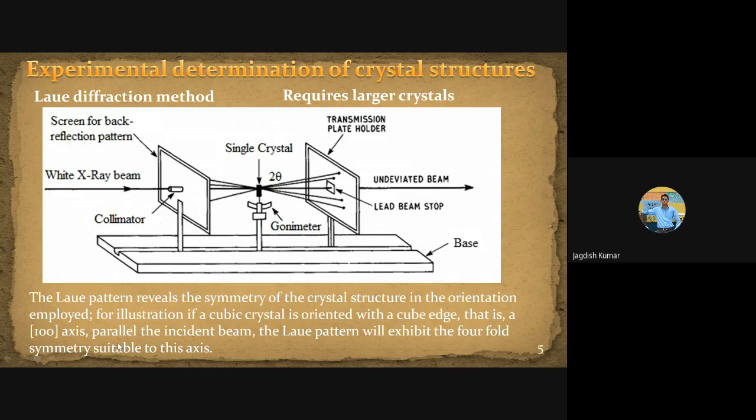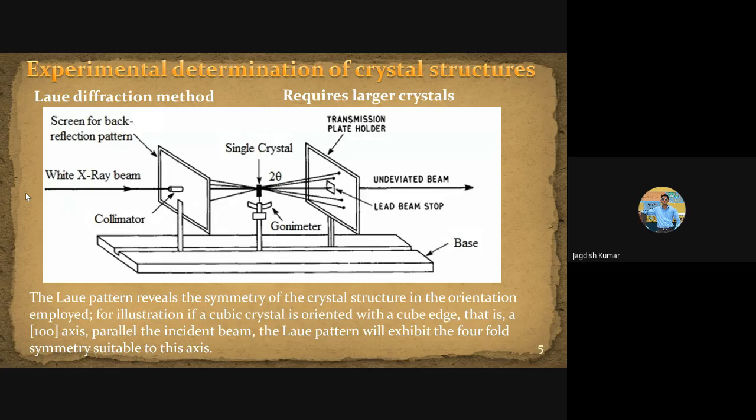Similarly, how will the points on this screen be observed? They will be observed according to the symmetry of the crystal and how it is mounted in reference to the incident X-ray beam. So basically, this photographic plate is giving us 2D information, not 3D information. If you employ a full sphere of photographic plates around the crystal, full spherical observation, then you can see the full 3D diffraction pattern, but here we are employing 2D imaging films.